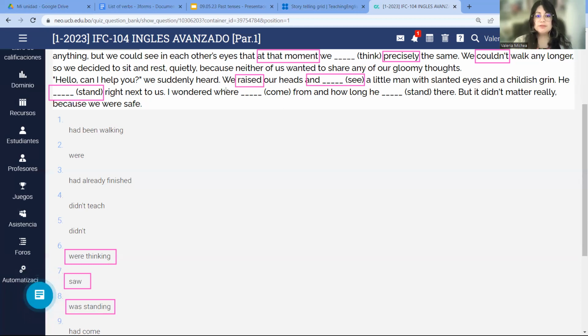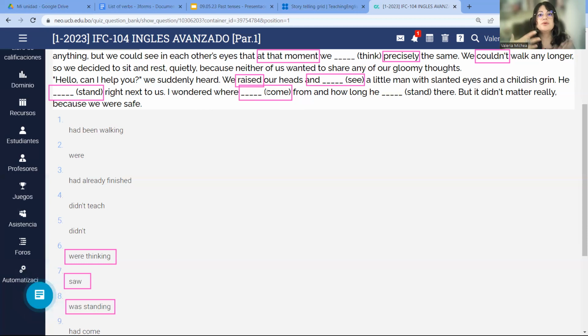I wonder where he came from and how long he stood there. So I wonder and where, and we have something here, and I would choose had come, the past perfect simple. Why? Because I wonder in the past where he had come from. The action of him coming from somewhere happened before I wondered.